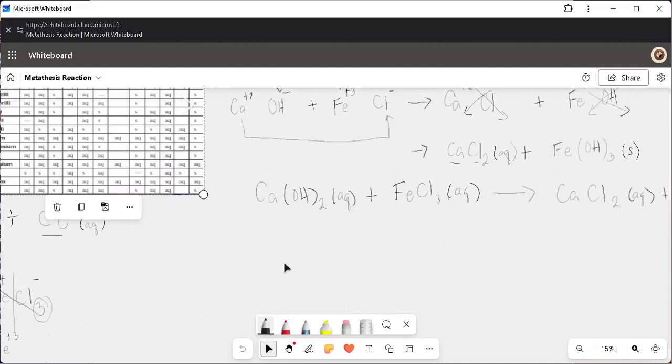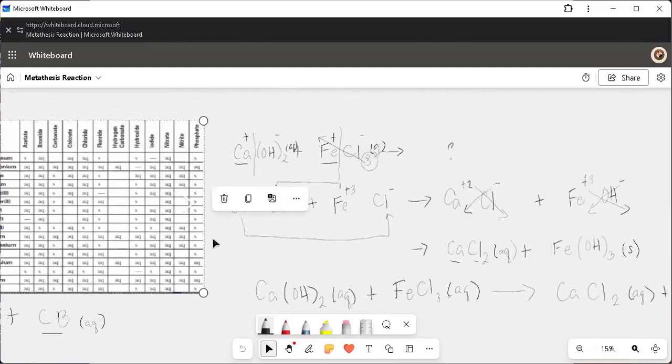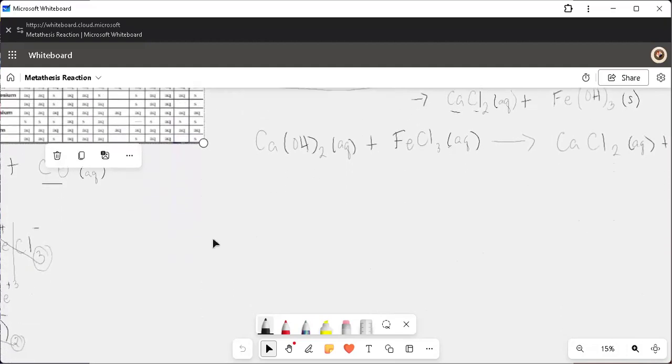Okay. So for example, another example will be ammonium phosphate plus zinc nitrate.